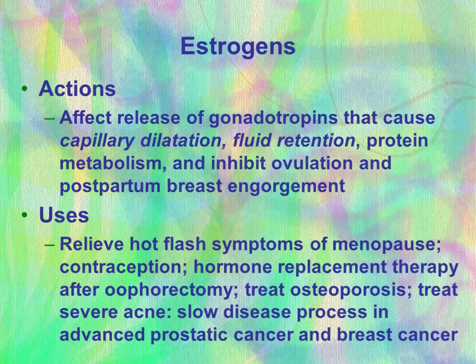Obviously, if somebody is pregnant, then we don't want them taking an estrogen because that's going to affect fetal growth. We want to know if they have a history of cancer of the reproductive system, because if they've had ovarian cancer or uterine cancer, cervical cancer, then an estrogen would be contraindicated. If they've had previous clots, an estrogen would probably be contraindicated as well.